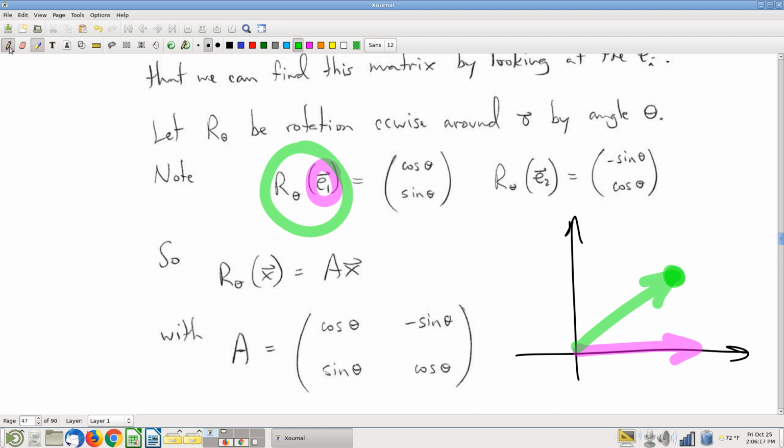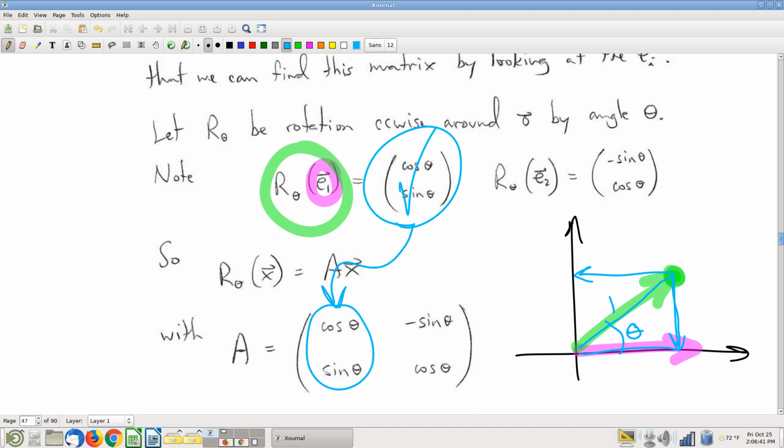And then you can make a trig argument. That point, what are its coordinates? This distance here is 1. A little right triangle. That angle is theta. Y'all remember trig and all that. And there's your formula. That's the rotation of E1, and that therefore becomes our first column.